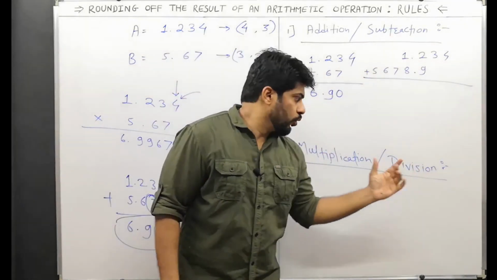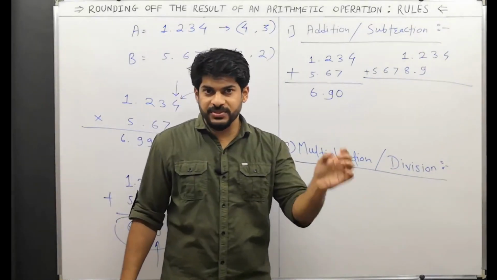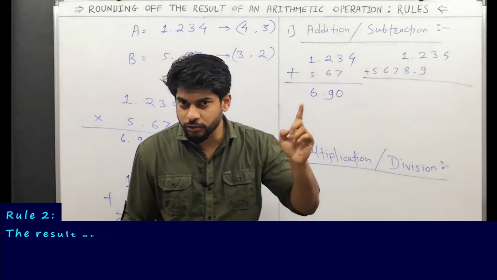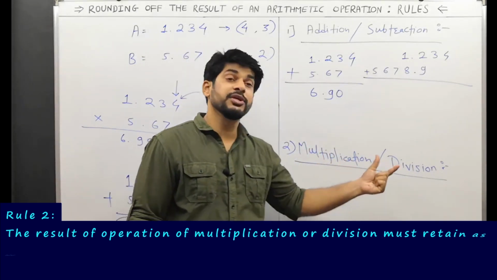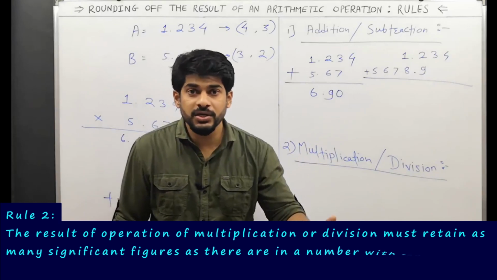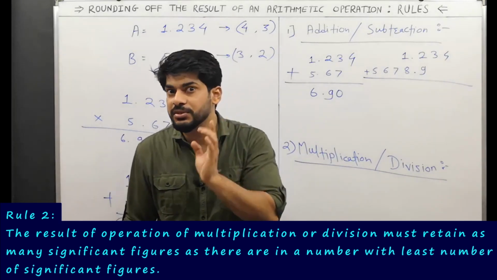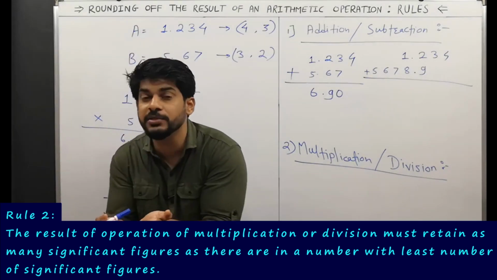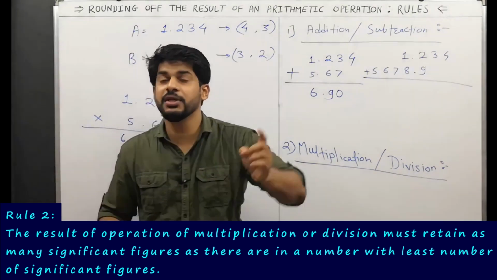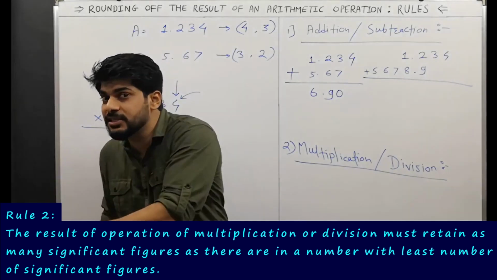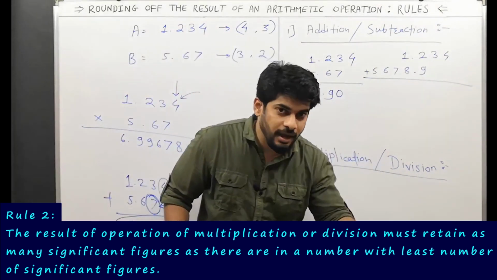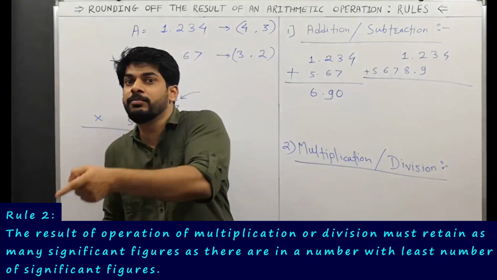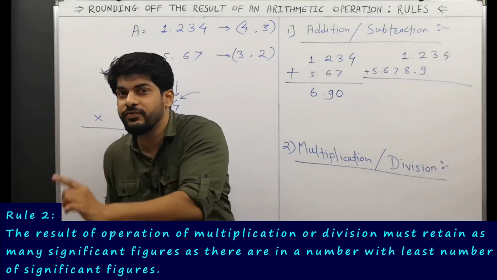The rule says that the result of an operation of multiplication or division must retain as many significant figures, highlight this word, significant figures, as there are in the number with the least number of significant figures.